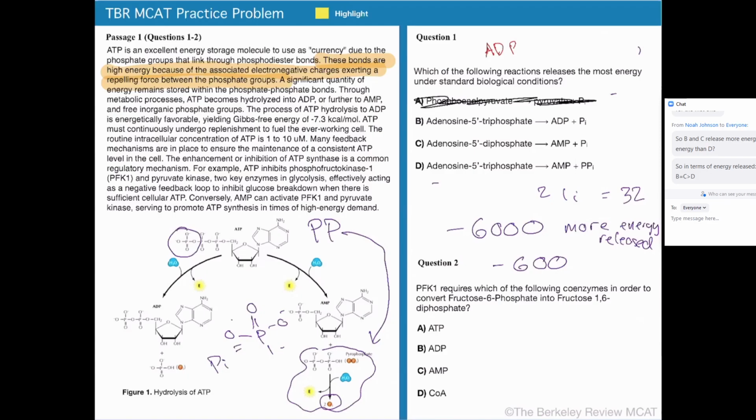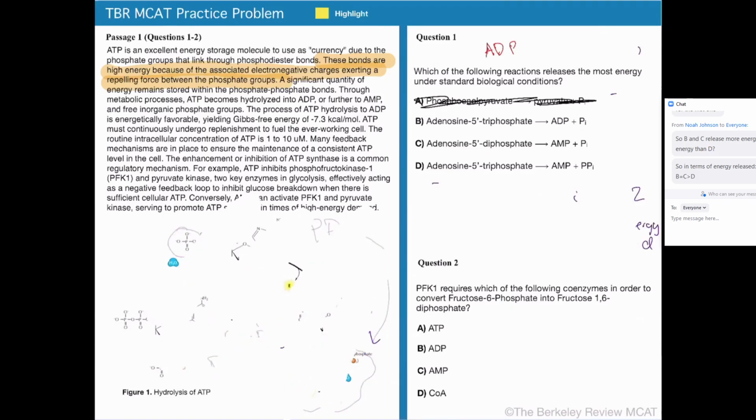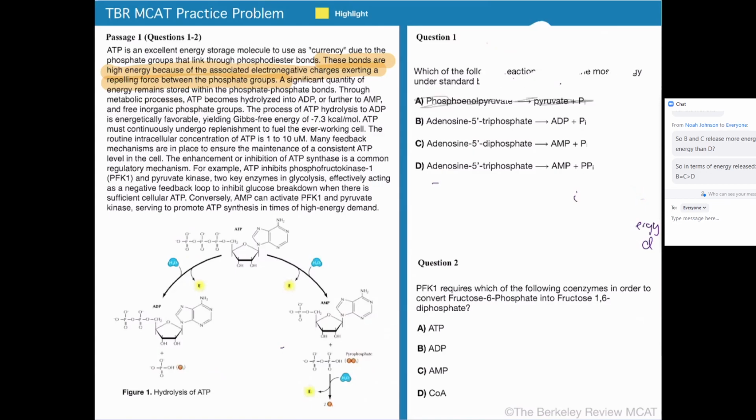So is question 2 asking which activates or inhibits PFK1? No, it's asking about the coenzyme. A coenzyme like ATP is just carrying a phosphate group.